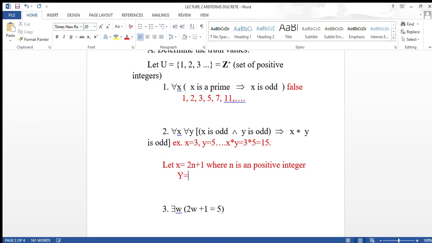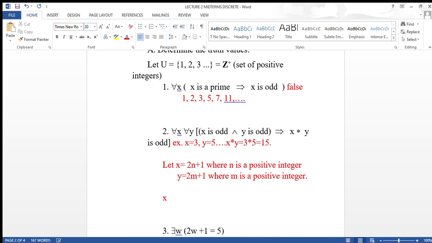Now let's have also y. So let y be equal to, this time, 2m. m is again another integer, then plus 1, where m is a positive integer as well. So we now have made a general representation of x and y. x and y are odd integers.